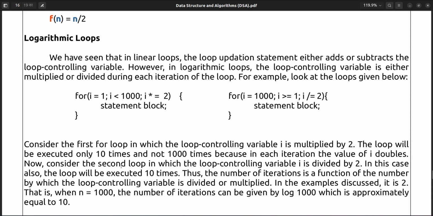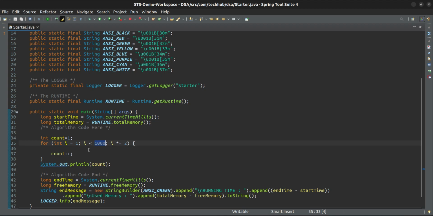Now consider the second loop in which the loop controlling variable is divided by 2. In this case also the loop will be executed 10 times, but this loop is given in a slightly different way.